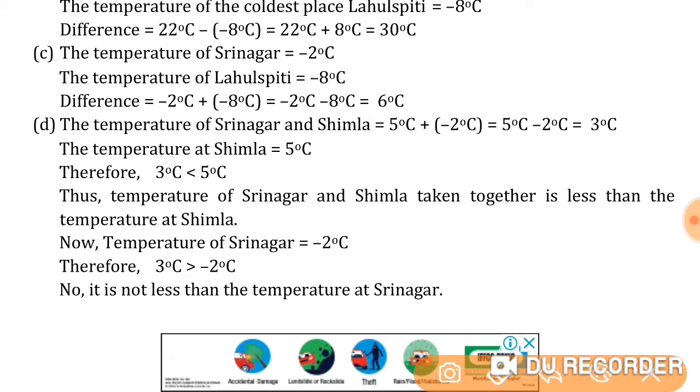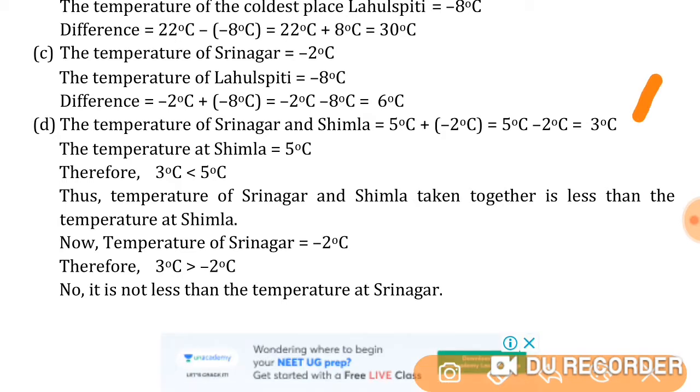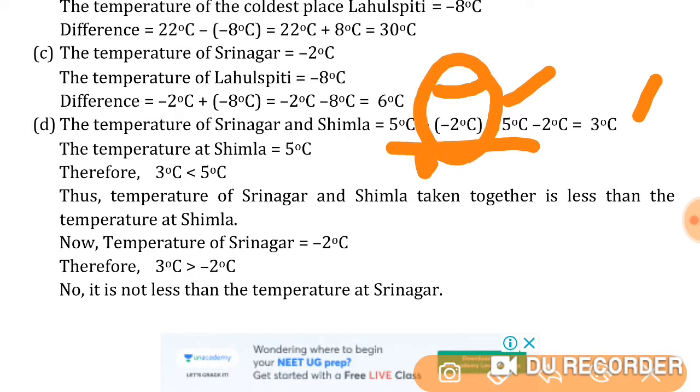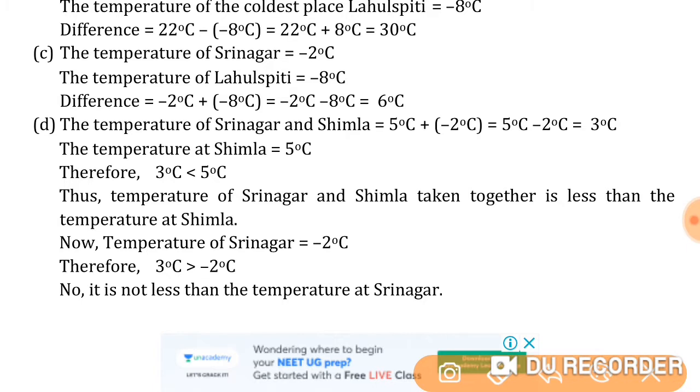See, temperature of Srinagar and Shimla together we have to take, means I said positive. So Srinagar is plus 5 degree plus minus 2 degree. So 5 degree as it is, you write. So positive means there is no change of sign of minus 2 degree. That's why it is directly minus 2. 5 minus 2 is 3 degree. So this 3 degrees is less than Shimla or less than Srinagar.